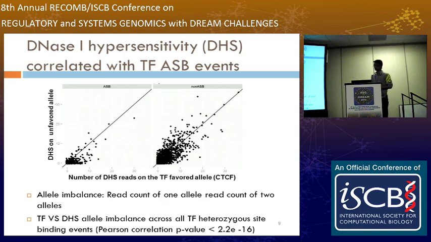We further measure this correlation using allele imbalance, which is basically the read count of one allele over the total read coverage. We can do the correlation of TF allele imbalance versus DHS allele imbalance, and you will get a very significant p-value.